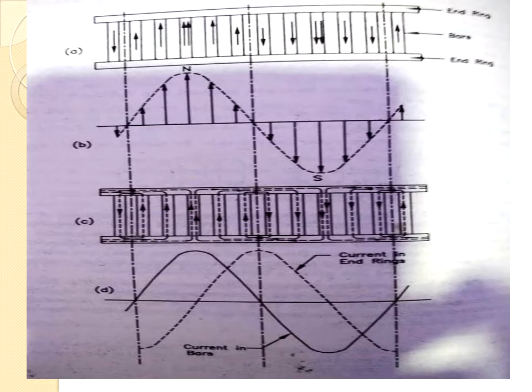Now you can see the rotor bar current is sinusoidal, as shown in figure B. Figure A represents rotor bar currents. That means under the north pole some currents are moving upward, and under the south pole bar currents are moving downward. You understand very clearly. So figure C represents the circulation of currents in end rings.